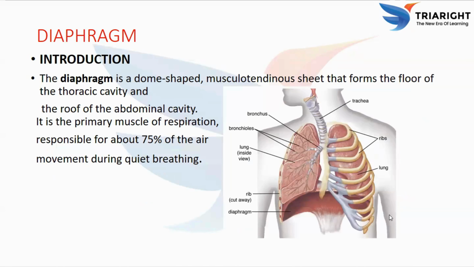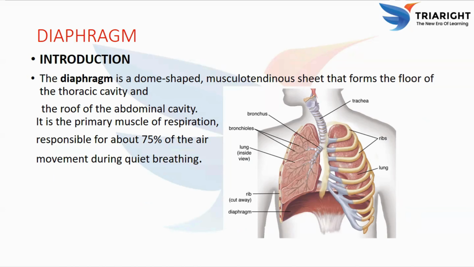You have two lungs, right? In the same way, the dome is also the right one and the left one. These two domes are called hemidiaphragms. So what about the right dome? It is slightly higher, whereas the left dome is slightly lower.